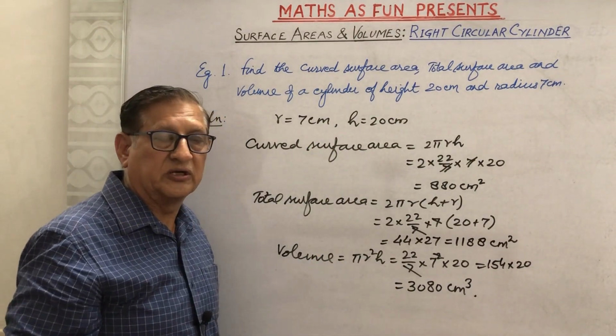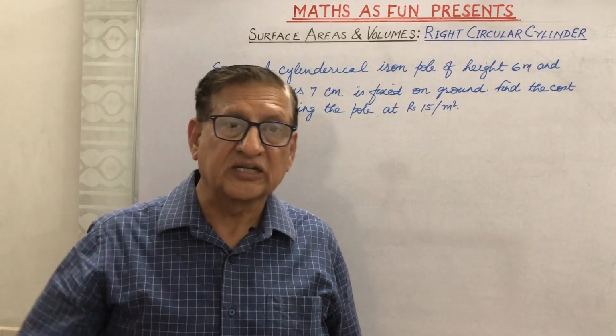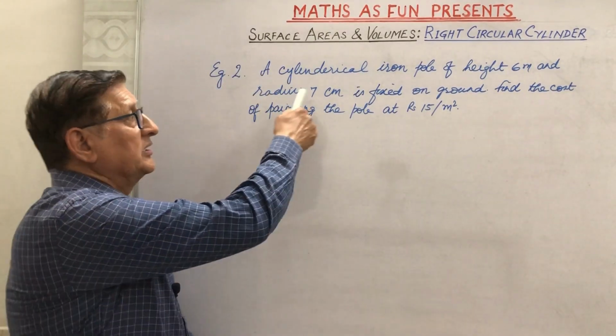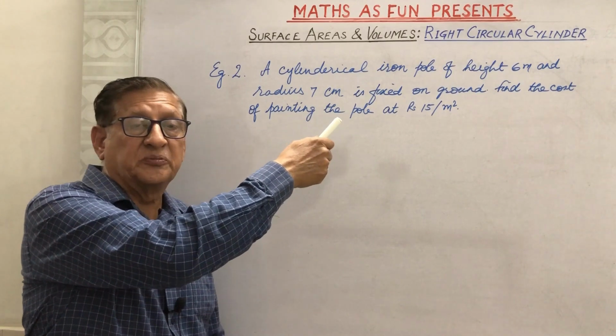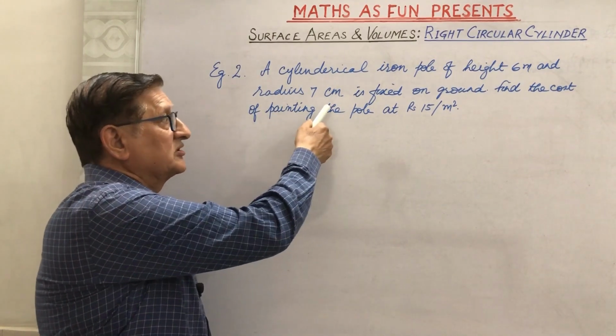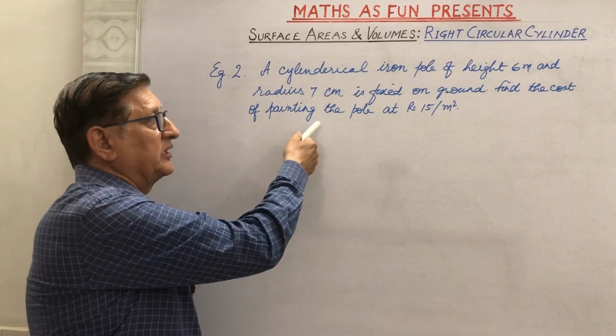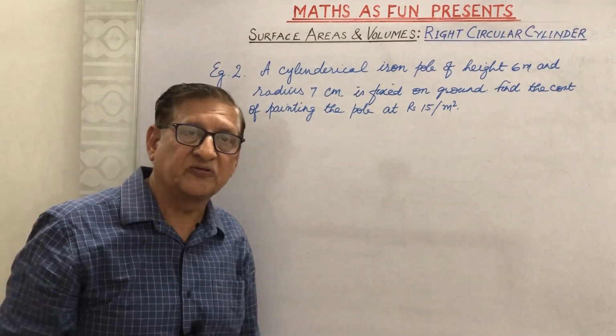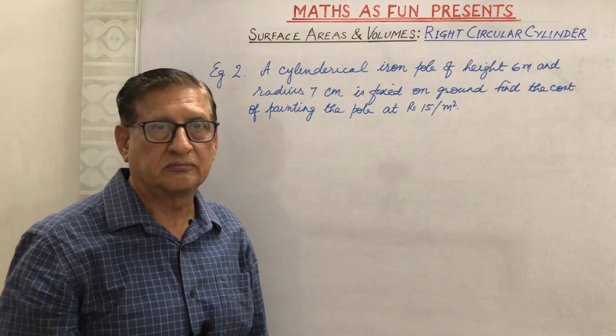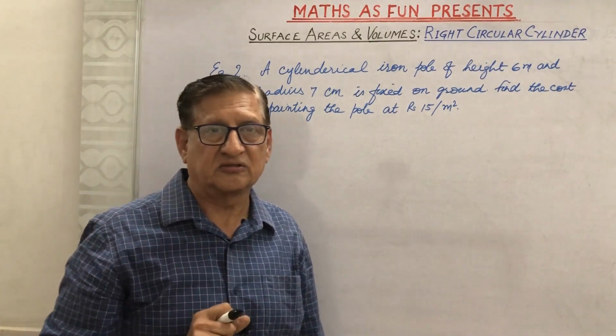and convert into liters. The second example is a cylindrical iron pole of height 6 meter and radius 7 centimeter, fixed on ground. Find the cost of painting the pole at rupees 15 per square meter. What to do in such case?